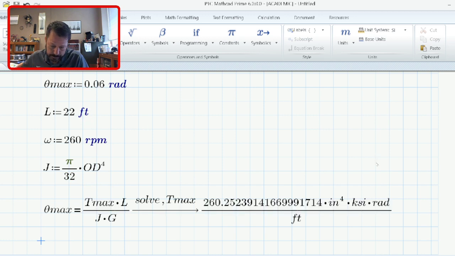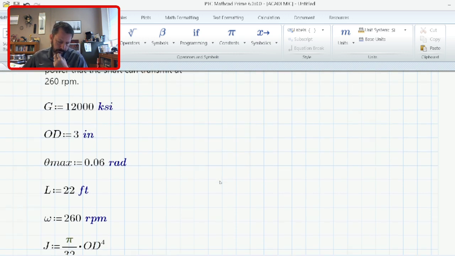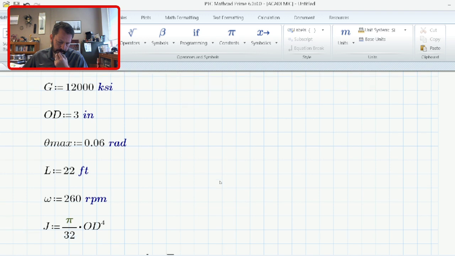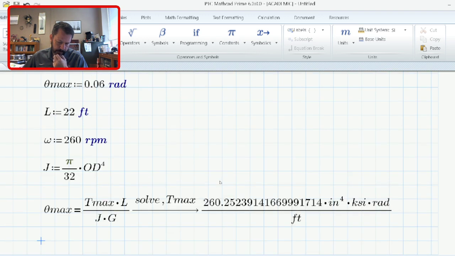Are these the right units? Let's see. These should actually just be radians in the end. I've got KSI, inch to the fourth, feet. So that will give us pound, or well, I think that will come out to be 260.